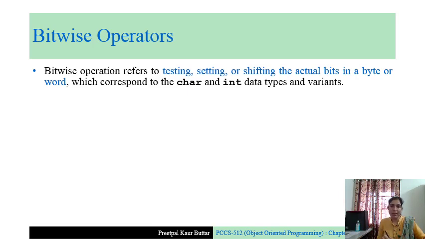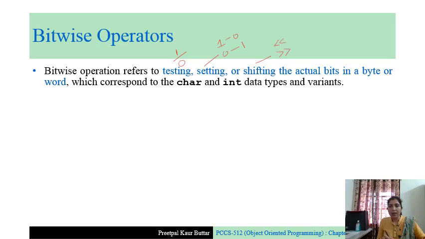They can test the bits. Test means check whether a particular bit is 1 or 0. Setting means changing a bit from 1 to 0 or 0 to 1. And shifting means shifting the bits in a byte to left or right.